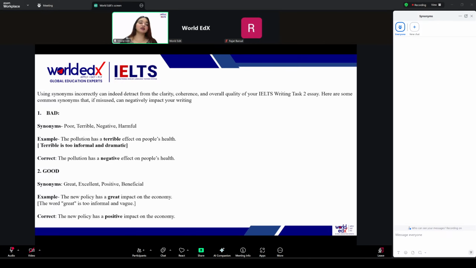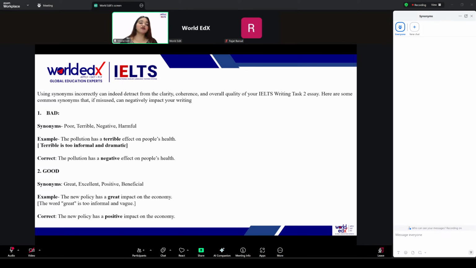So the next is good. When you say the new policy has a great impact on economy, it's incorrect, because great is something we use when we talk to our friends, when we talk to our family, but not in a very formal context. You wouldn't really say great. We say commendable, we say wonderful, we say marvelous.